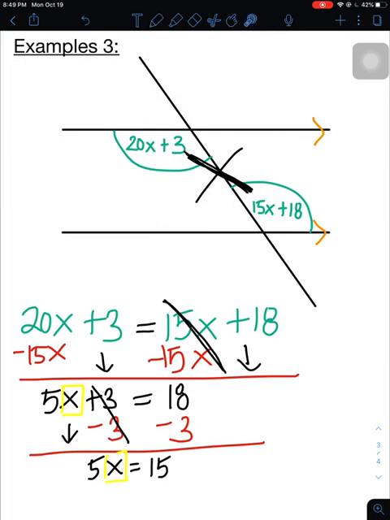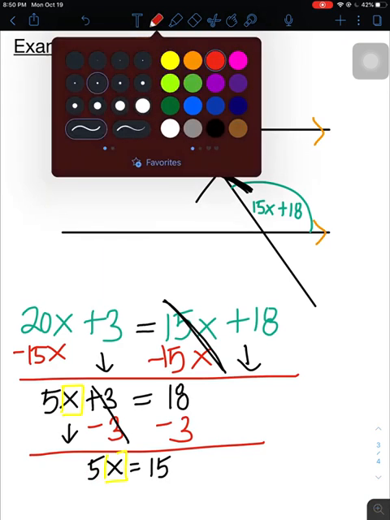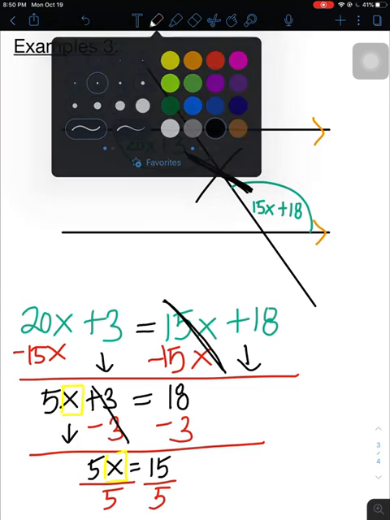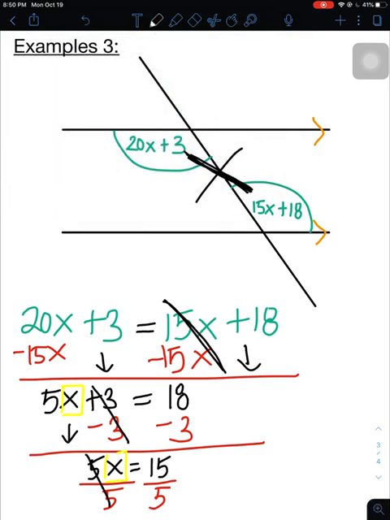Now again, we want to get the x all by itself. And when we have a number and a variable like this, it means it's being multiplied. So the opposite would be to divide. So we're going to divide both sides by 5. This will cancel out. And now we get x is equal to 3. And that would be my answer.